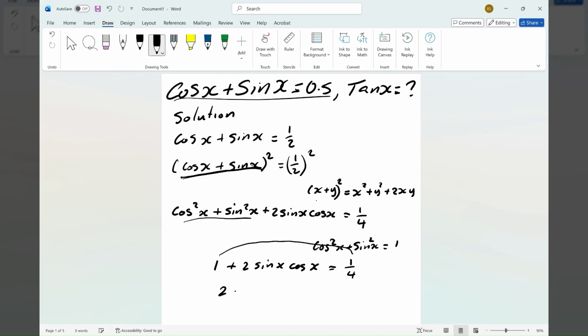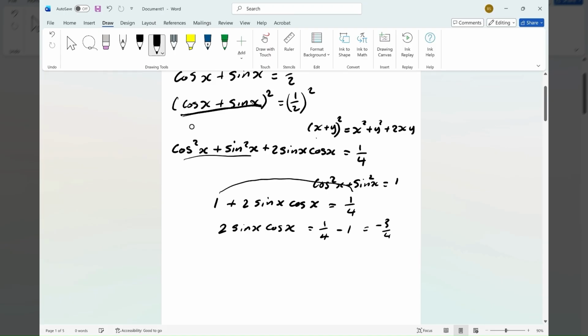We have 2 sin x cos x is equal to 1 upon 4 minus 1, which is equal to negative 3 on 4. Therefore, we are left with 2 sin x cos x is equal to negative 3 on 4.